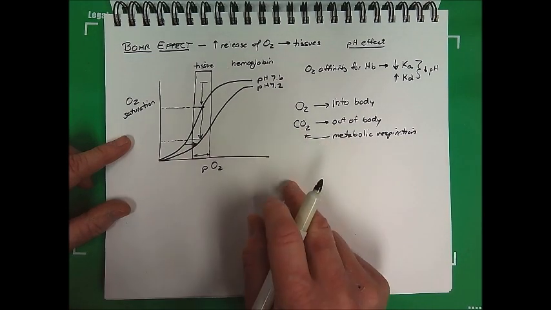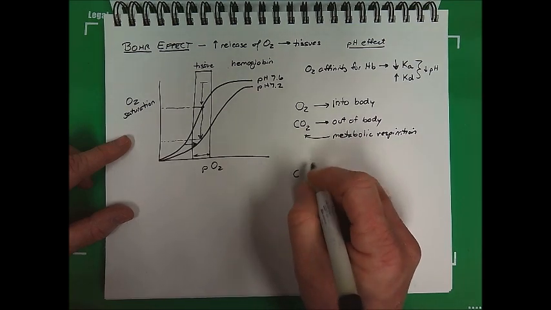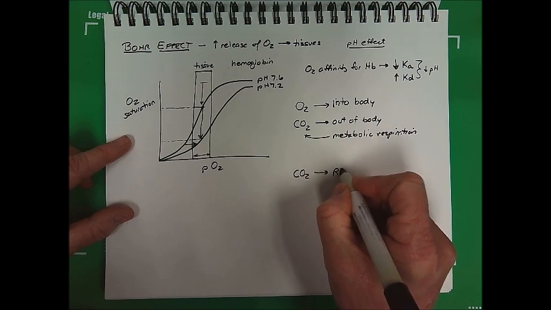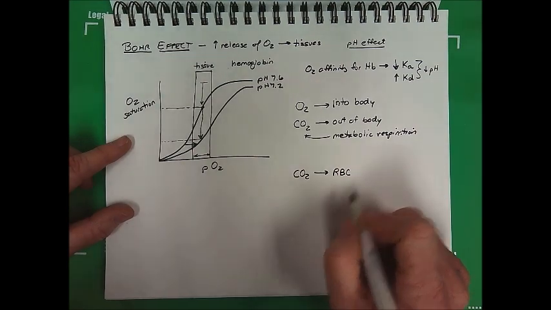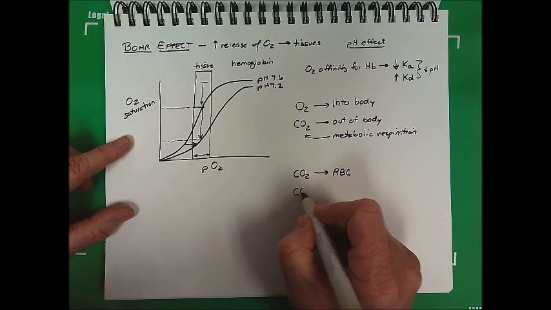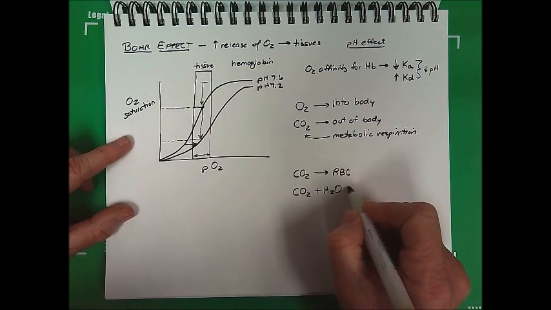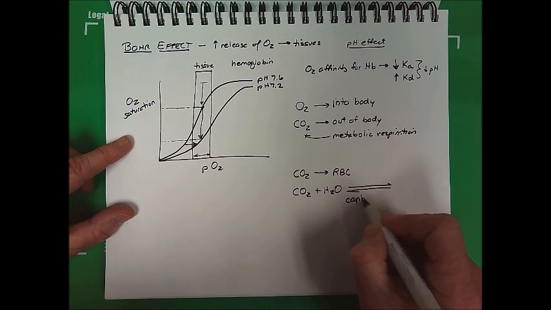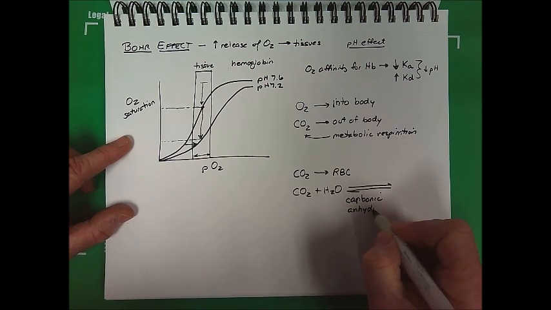Now the way we get rid of CO2 is CO2 diffuses out of the tissues and into red blood cells. In red blood cells, the CO2 will be combined with water using the enzyme carbonic anhydrase.